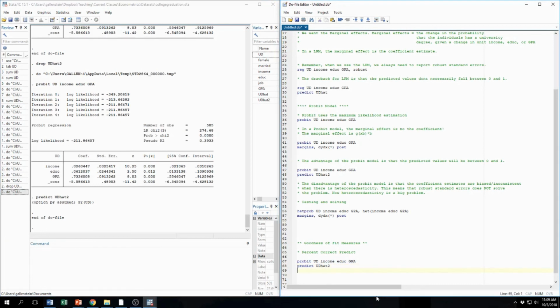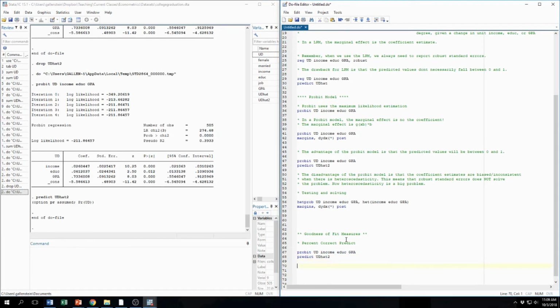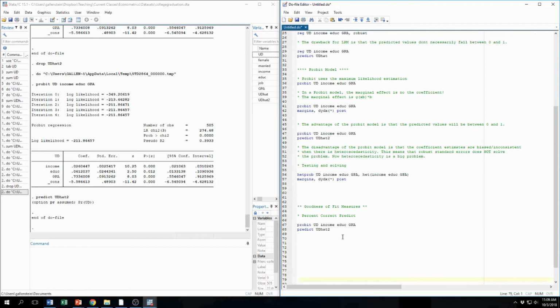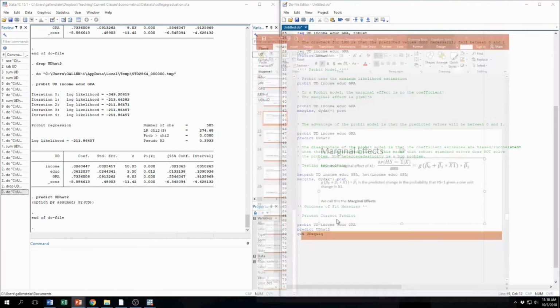Now I'm going to generate a new variable, remember my y squiggle, y squiggle. Just to remind you what I'm doing here, let's go back to the lecture.